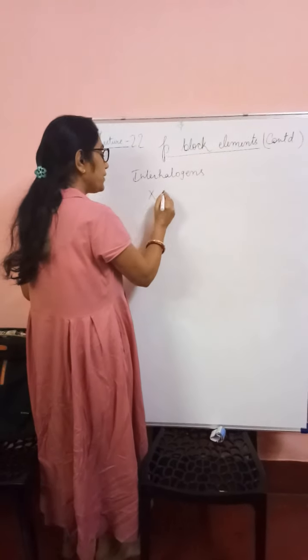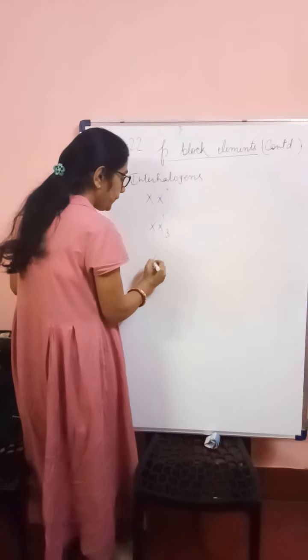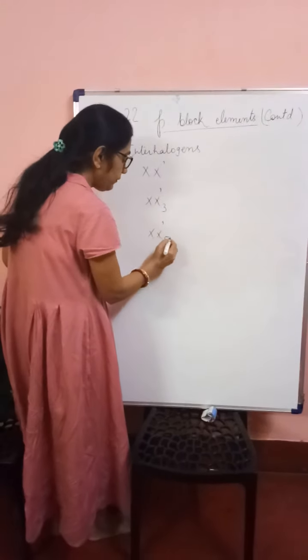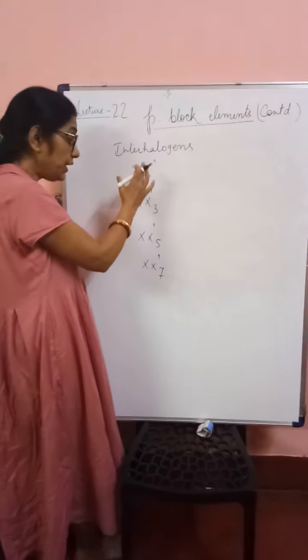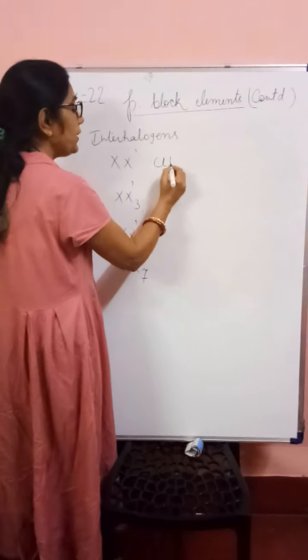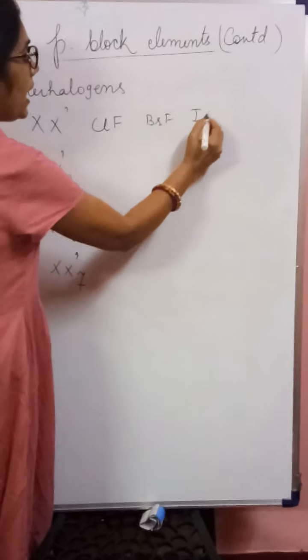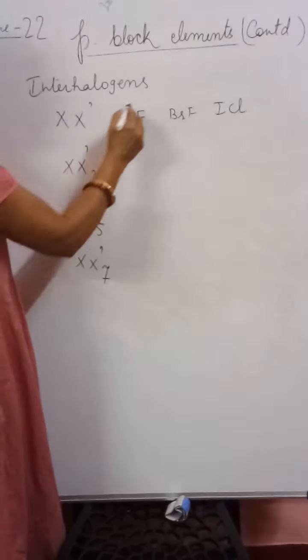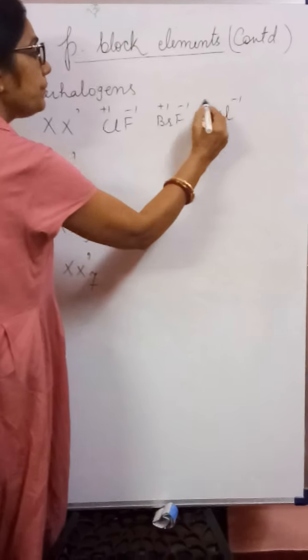They are of the types XX', XX'3, XX'5, XX'7, and so on. So these four types are there. For XX', you can see examples like ClF, BrF, ICl, etc., where one is more electronegative than the other.